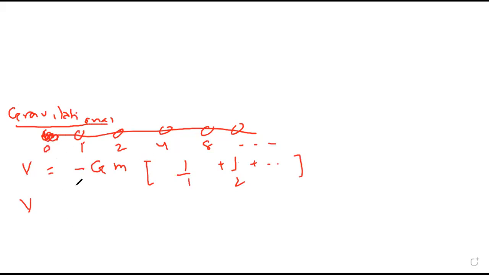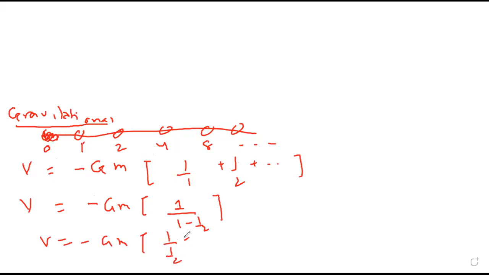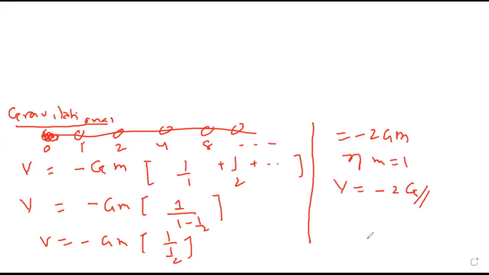Then what is potential at O? So it is minus GM, distance 1 by R, 1 by 2, 1 by 4 dot dot dot. That is minus Gm into 1 upon 1 minus half. So it will be minus Gm into 1 upon half. So it is equal to minus 2Gm. If M is unit mass, you will take 1. So gravitational potential will become minus 2. This was asked in 2013.